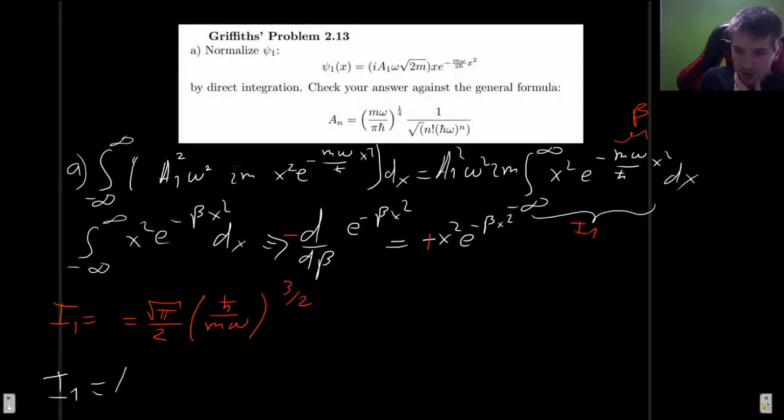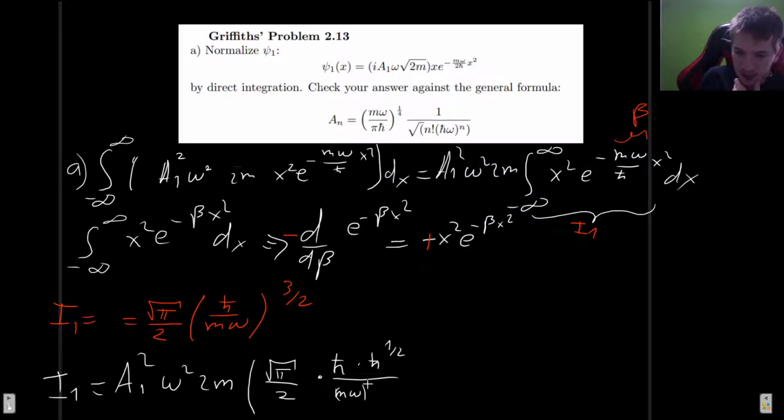So that is going to be A1 squared omega squared over m times what we just found, which is square root of pi divided by 2 times, I'm going to write this in a kind of clever way, h bar times h bar to the 1/2, just so that it's easier to see what I want to do next.